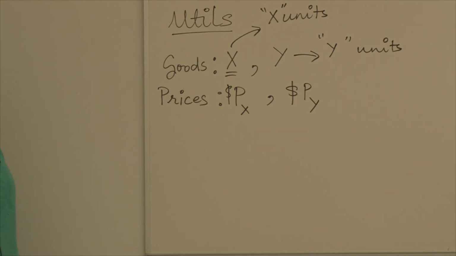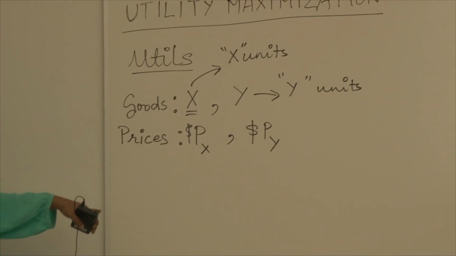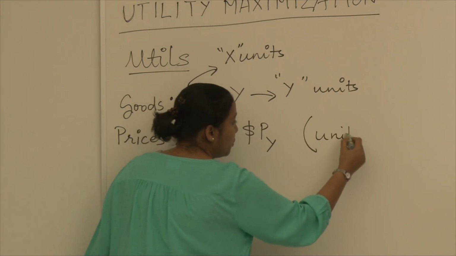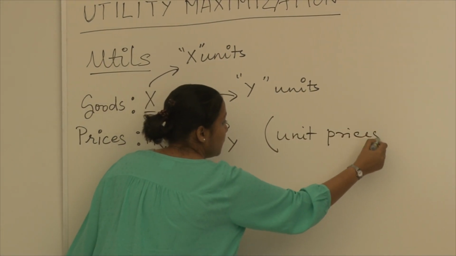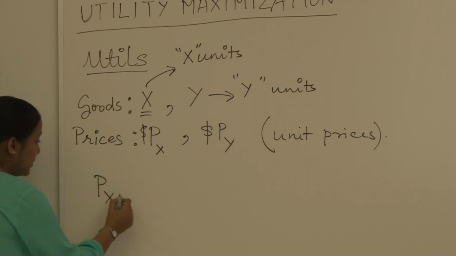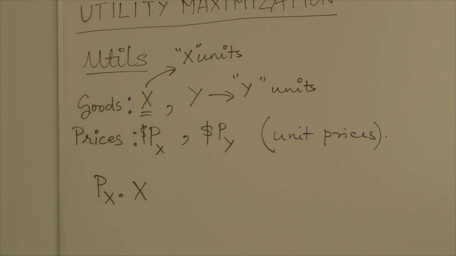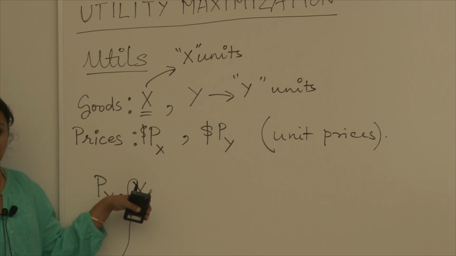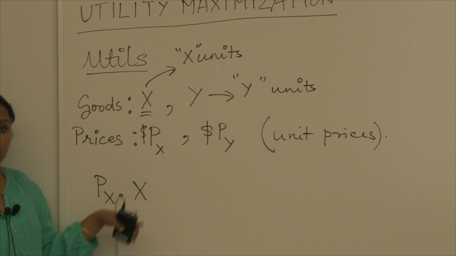These are unit prices. So, Px and Py are all unit prices. If I ask you how much do you spend on good X, your answer will be Px times x, right. If I tell you that you buy 10 apples and each apple is $2, then how much did you spend on apples? 2 times 10, right. That is the concept that we are using.